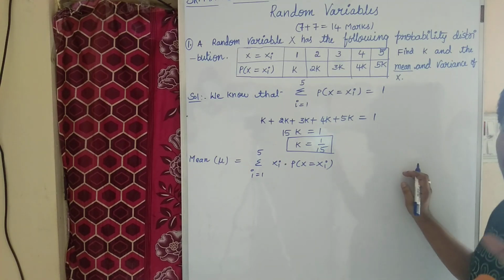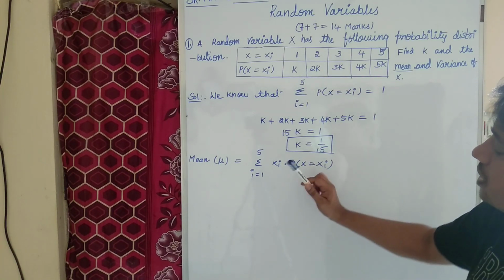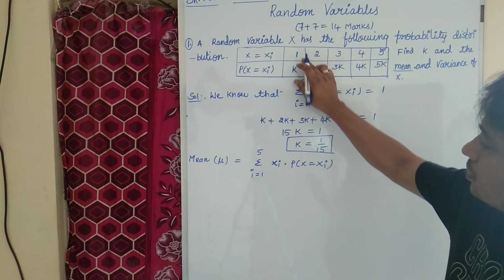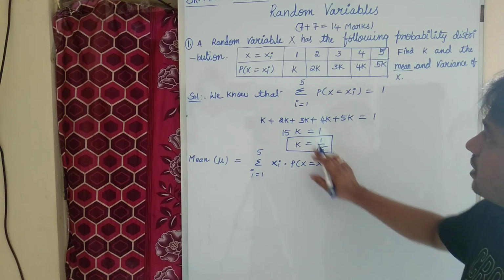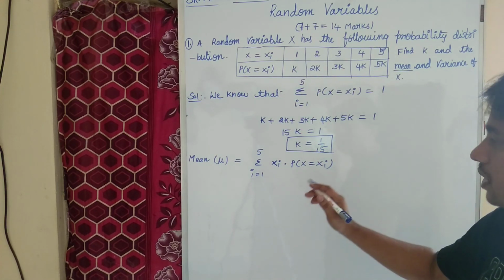Because when we are finding the mean, we should multiply these two, children, 1 into k. What is the meaning of xi? Xi means 1. What is the meaning of p of x equal to xi? It is nothing but k. Are you understanding? What to do?